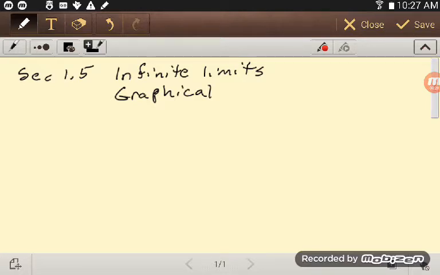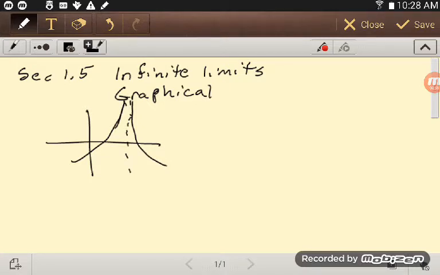If I go to say something like Desmos, and I'm going to actually try that here, I'm just looking at the graph and I am looking for behavior that maybe does something like this, a vertical asymptote idea there.